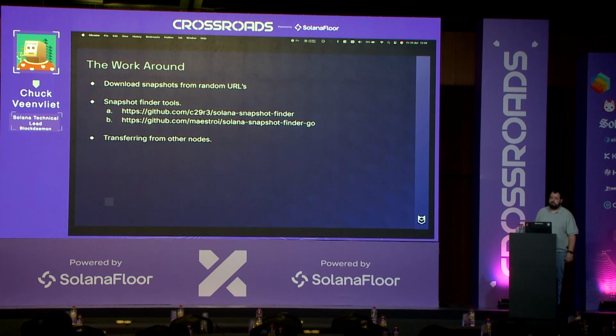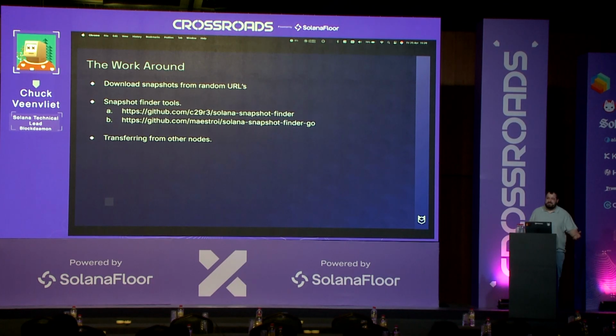So there's a snapshot finder that goes out to the whole network. It goes to Gossip, finds all the nodes, and then kind of abuses all of those nodes, because it tries to download some file. If it fails, it says, this is not a good provider. And if it's fast, basically it eats up the bandwidth of the user. And everyone keeps doing that. Well, you can imagine that's not great for your infrastructure.